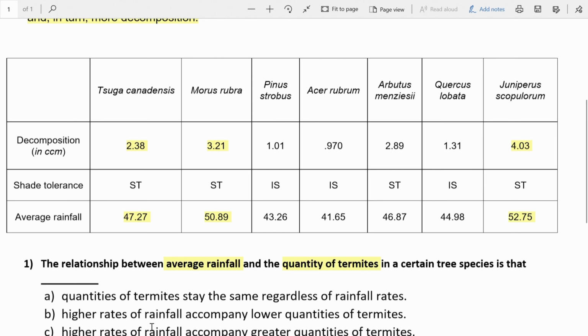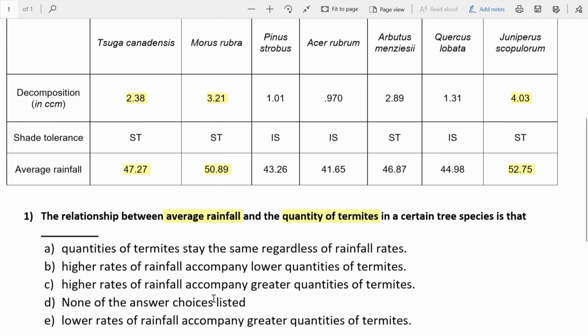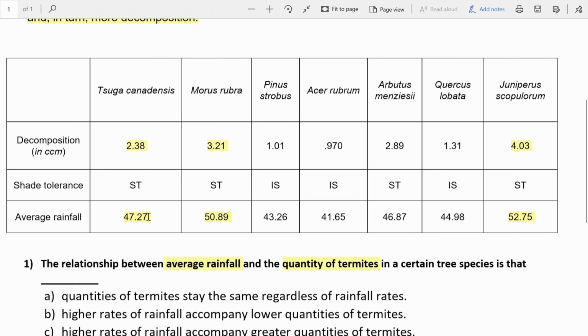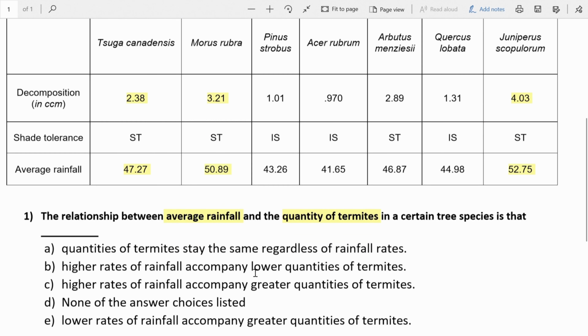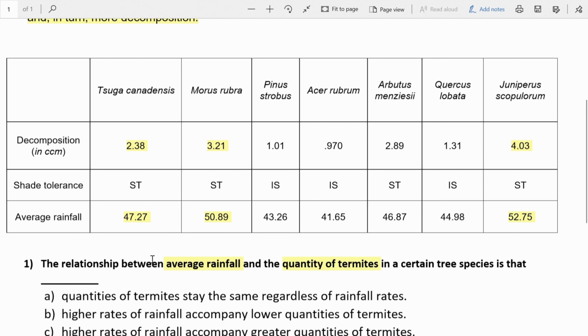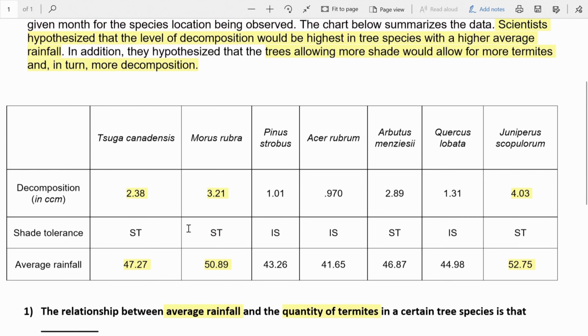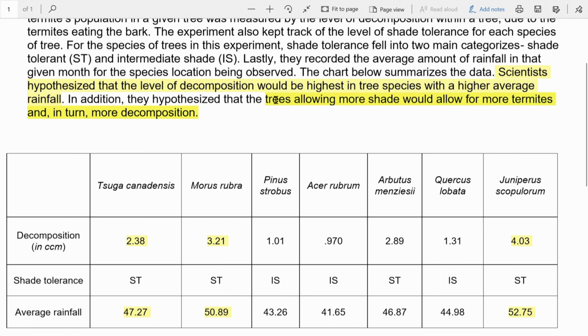And the experiment uses the level of decomposition as a rough estimation of the termite population. So it says that higher rates of rainfall accompany greater quantities of termites, which has been said here, with more shade allowing more termites.